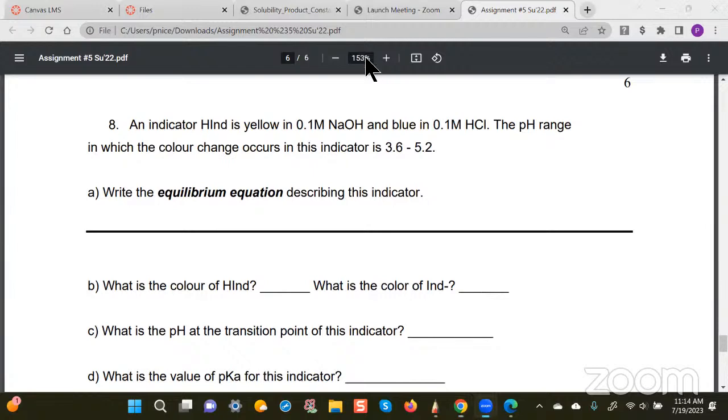So anybody have any ideas as to how to do this one? What would be the equation that you'd write down based on this formula here? Would it be NaOH plus HCl?